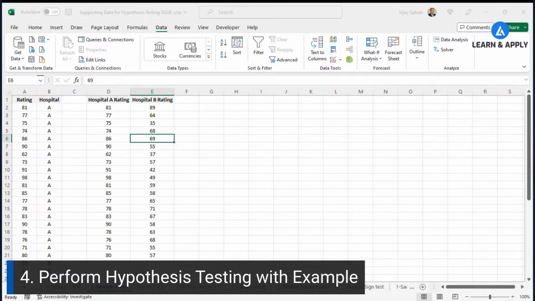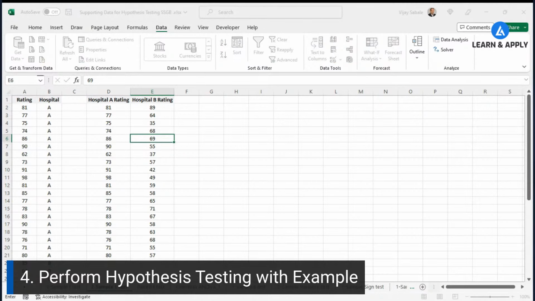So we are not selecting this. We are just going with the two sample t-test using unequal variances. So select this option and click OK. What is the option that we have selected? T-test two sample assuming unequal variances, and then click OK.